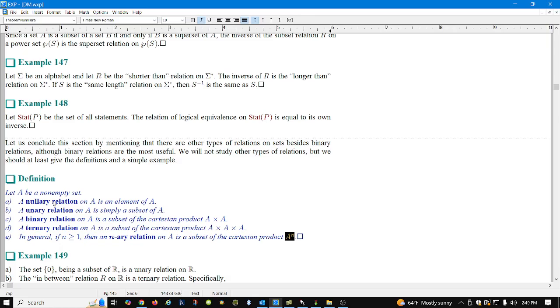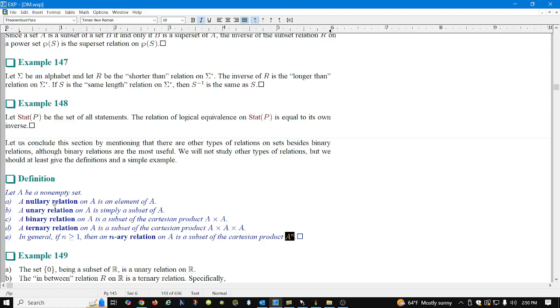And you might say, well, why bother with the term nullary relation when you can just say element, or unary relation when you can just say subset? Well, there's a point to what you might think, but it depends on the context, especially in abstract algebra, where you are defining algebraic structures: vector spaces, groups, rings, fields, and other structures.